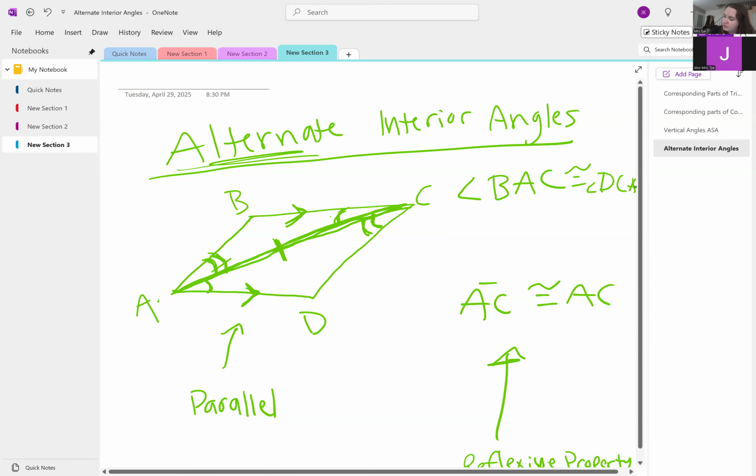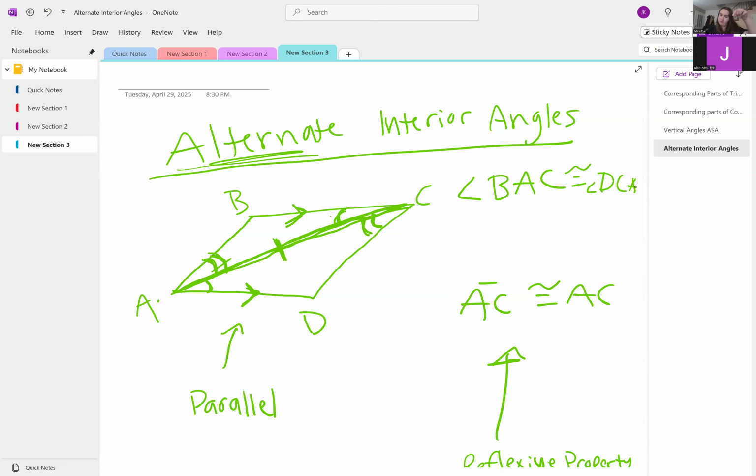So we're talking about C. That's got to be in the middle with the DCA. Excuse me. And then we're going to have angle BCA. So remember, C is in the middle this time for this one. BCA is the same as DAC.